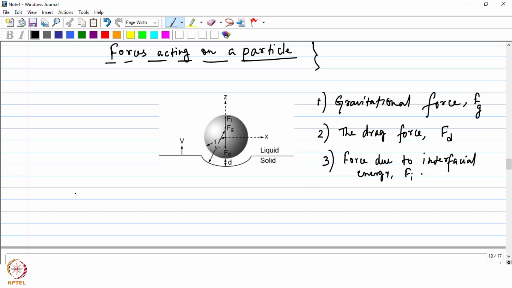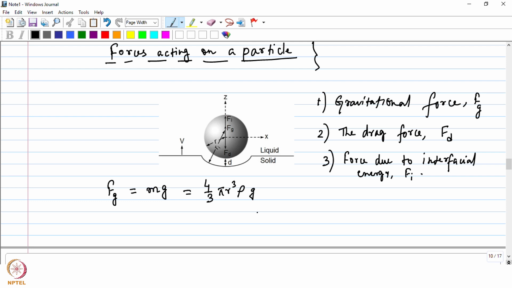Gravitational force Fg is nothing but mg, where m is the mass of the particle. So if you consider a spherical particle of radius r, this will be given as 4/3 pi r cubed, which is the volume of the particle, multiplied by the density rho, that's m, into g.